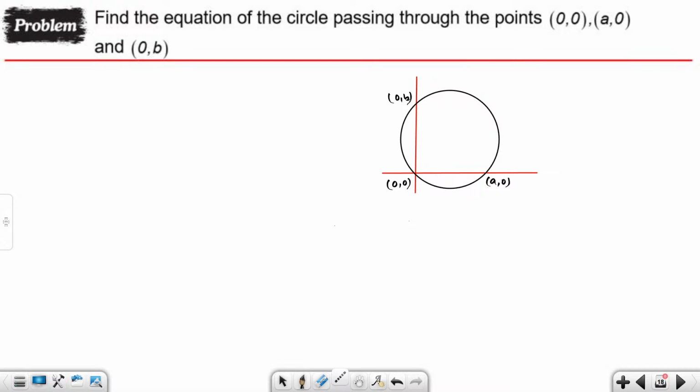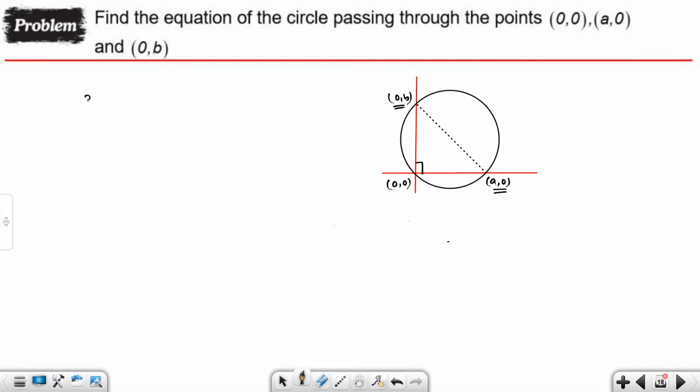We all know that if I join these two, okay, this angle will be what? Angle in a semicircle is always a right angle. So these 2 points become the extremities of the diameter.